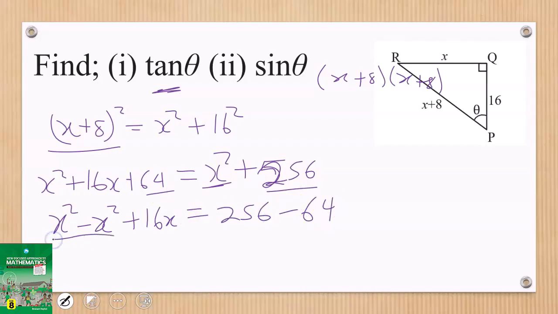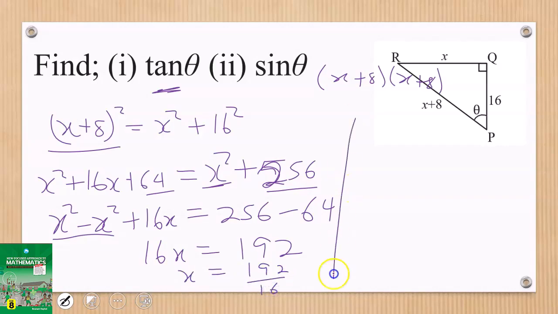While this goes to 0, we have our 16x is equal to 192, subtracting 64 from 256. Now we have to divide both sides by 16 to make our x the subject. So we have 192 divided by 16. And when you do that division very well, you end up writing x to be equal to 12.